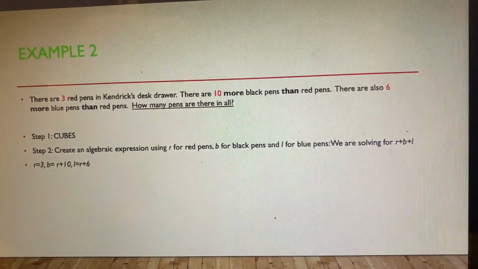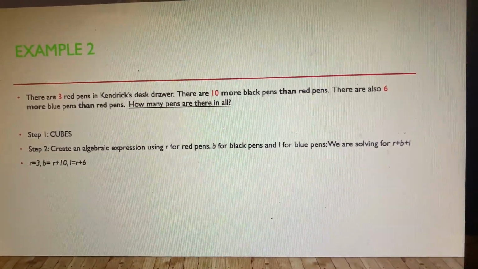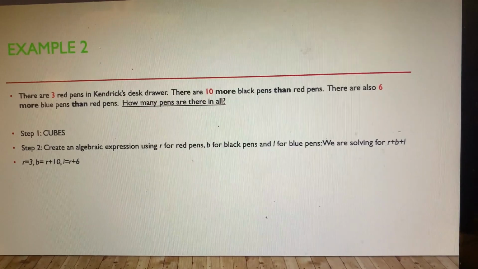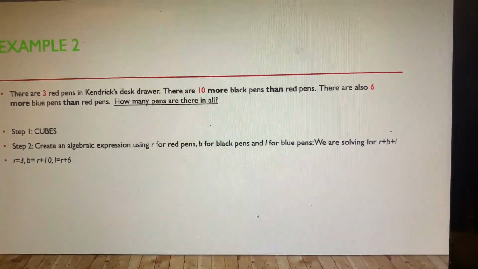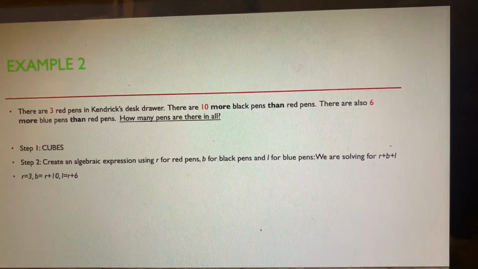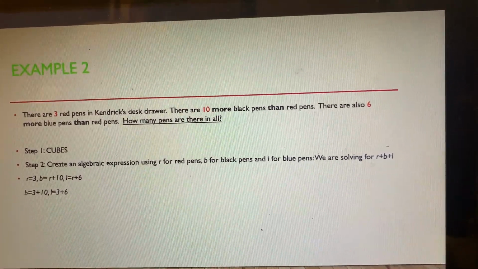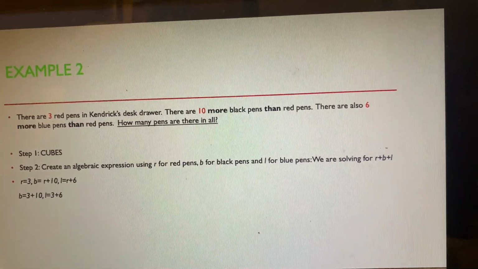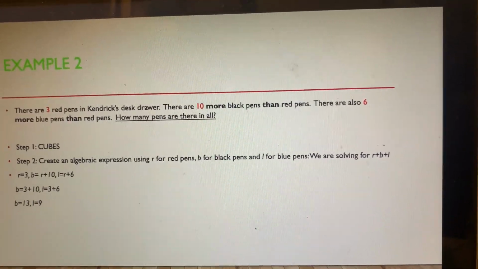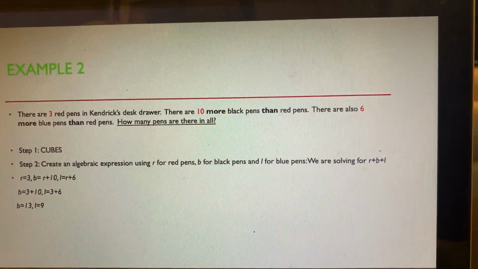We know that R equals 3 and that B equals R plus 10 and L equals R plus 6. So we're going to make B 3 plus 10 and L 3 plus 6, which will give us a value of 13 for B and 9 for L.